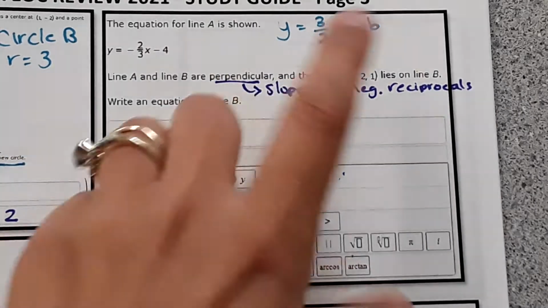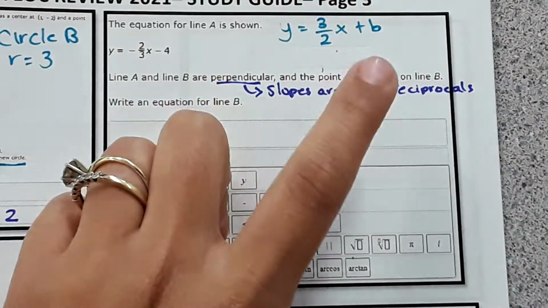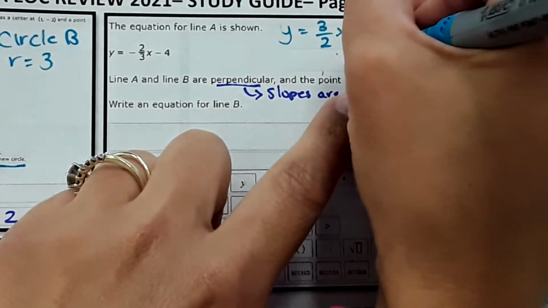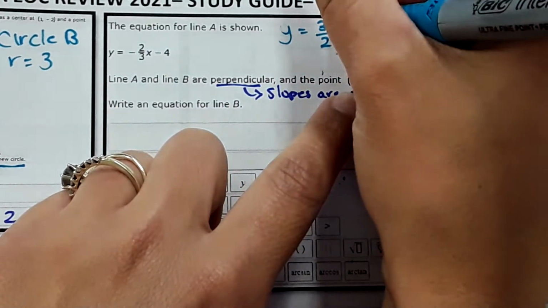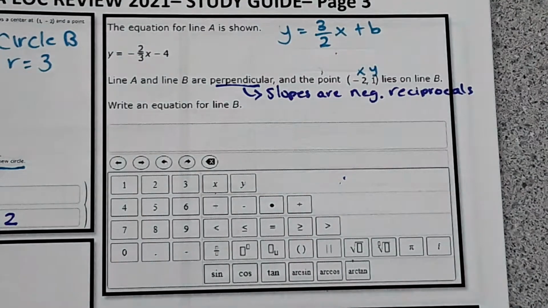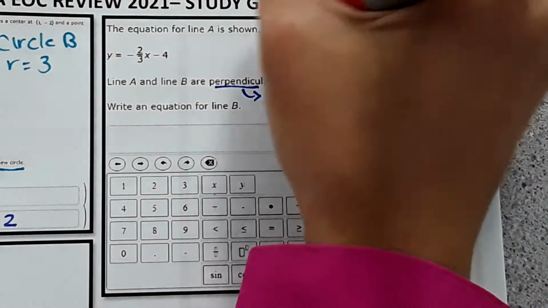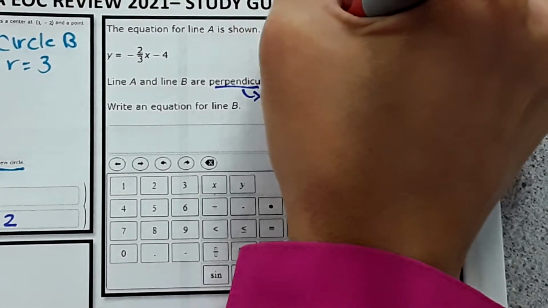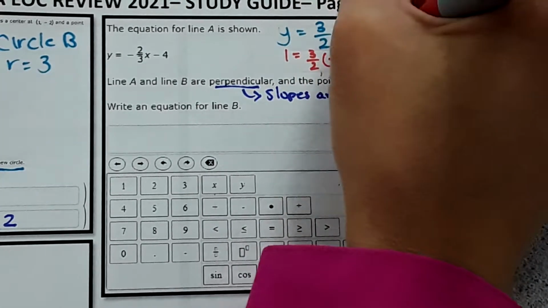Now, to complete the equation, we need to find out what our y-intercept is, and we can use these points to do that. This is x and y. We'll plug this into the equation and then solve for the y-intercept. So y is 1, equals 3/2 times -2, plus b.